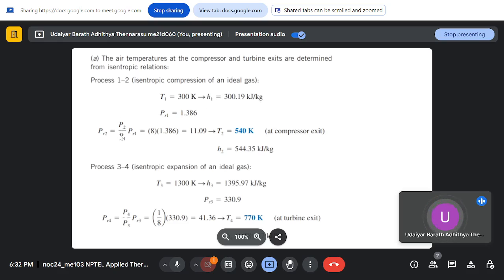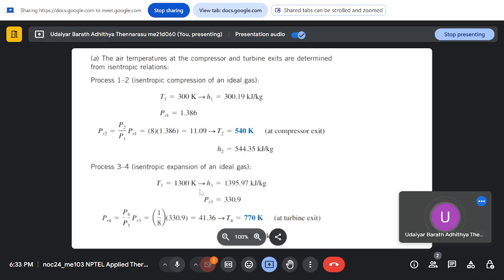The pressure ratio is given as 8, so correspondingly PR2 will come out to be 11.09, and corresponding to that pressure ratio and the entropy, the temperature T2 will be 540 Kelvin, and the corresponding enthalpy at state 2 is 544.35 kilojoule per kg.